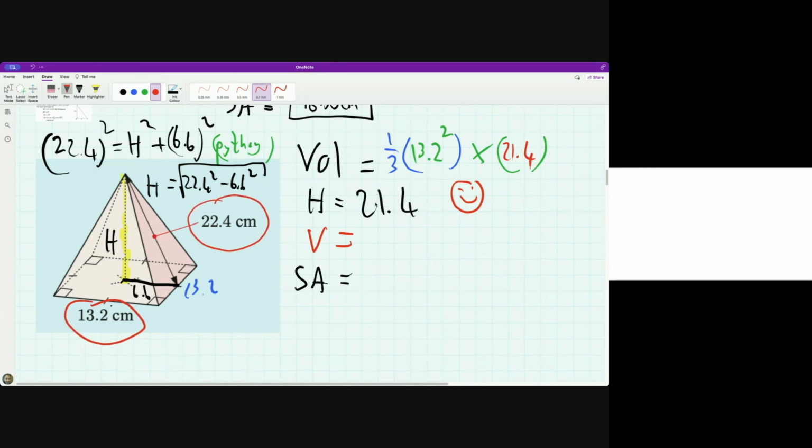Generally speaking, you would carry those decimal points. It's a bit of a gray area, actually. I'm not going to worry too much about it right now. For this question, since they've got one decimal point, I'm going to stay there. Okay, so what is my volume? Let's go. We've got 1/3. There will be a little bit of difference if you round off. I wouldn't stress too much about that right now. Times 21.4.